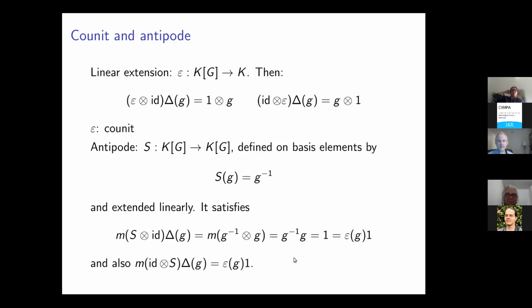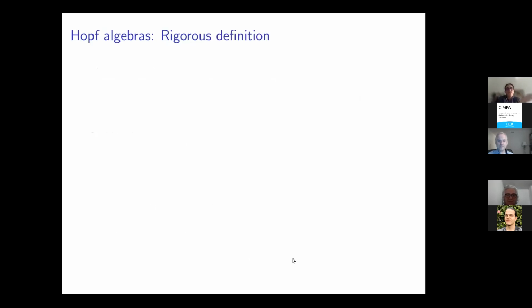Okay. And now, after all this introduction, we can define rigorously what a Hopf algebra is, and we are just copying the properties that the group algebra has and making them axioms. Okay. So what is now a Hopf algebra? This is now the rigorous definition that we reach after the non-rigorous definition on the first slide.